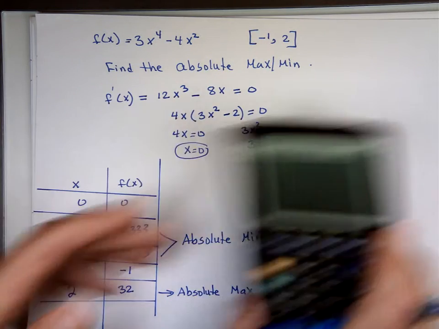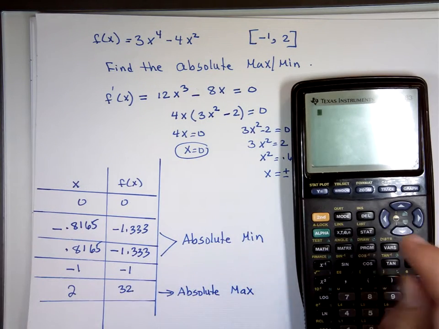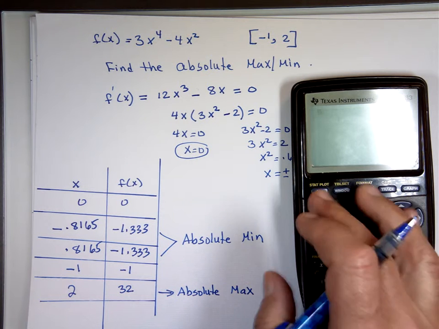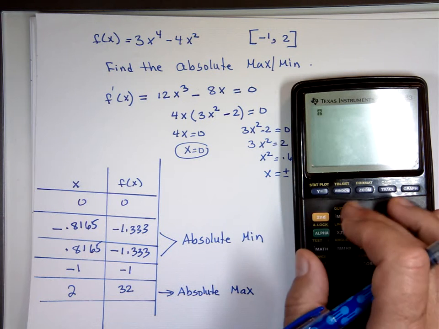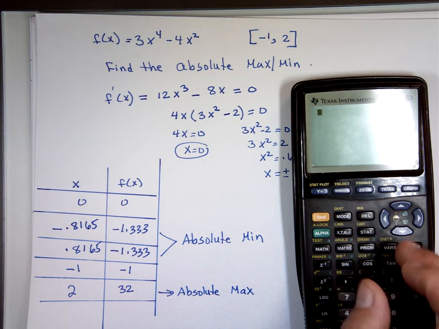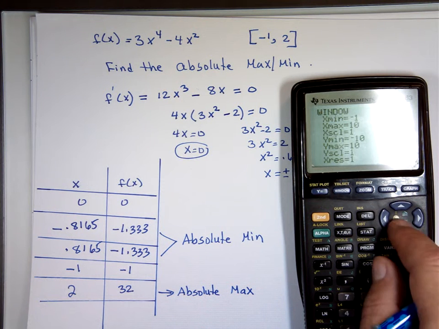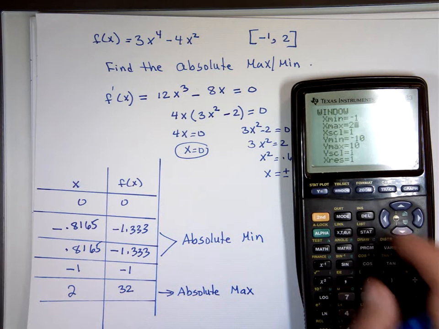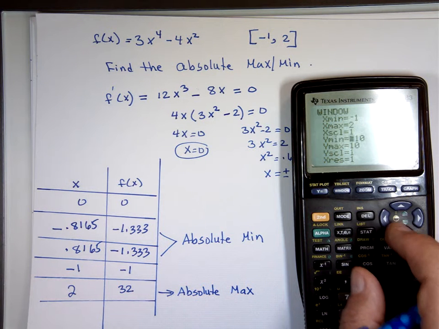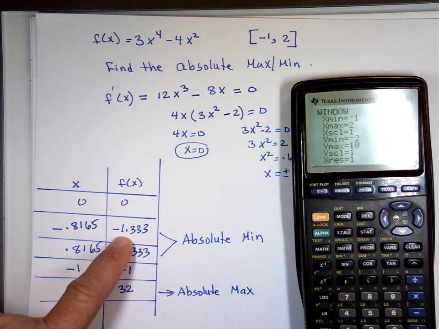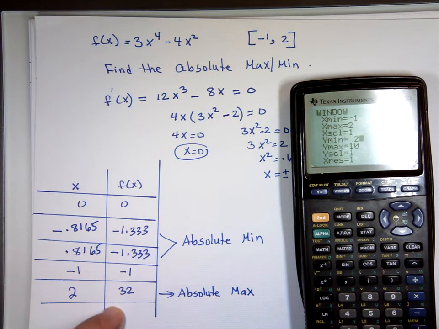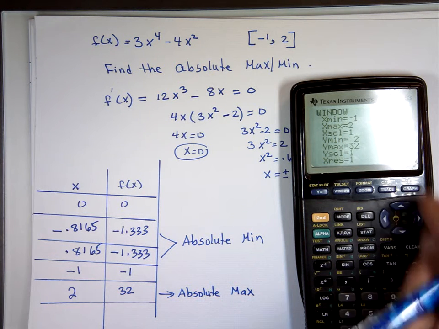So let me set my window. I want to go from -1 to 2. And I'll do the y value from -2, because the smallest y value is -1.3, to 32. I already typed the function, so graph it.